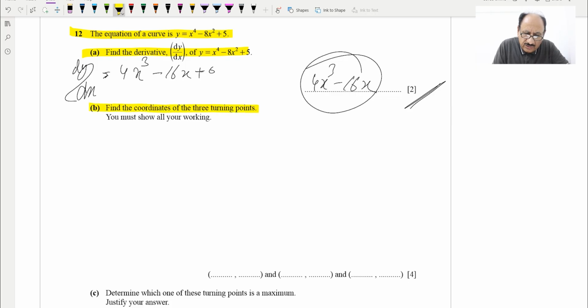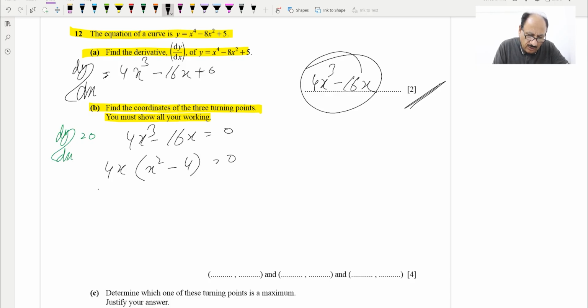B part, find the coordinates of the 3 turning points. You must show all your working, and for turning points we can write dy over dx is equal to 0. This means 4x cube minus 16x is equal to 0. We can take 4x common, so inside will be x square minus 4 is equal to 0, and this one we can factorize as x plus 2 and x minus 2, equal to 0.